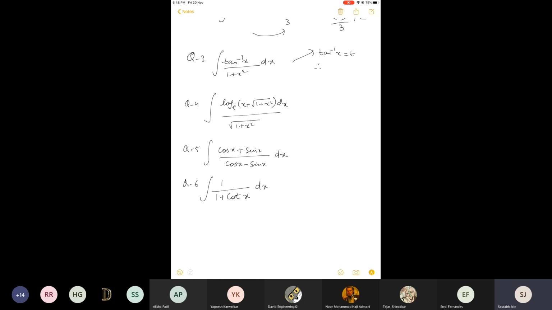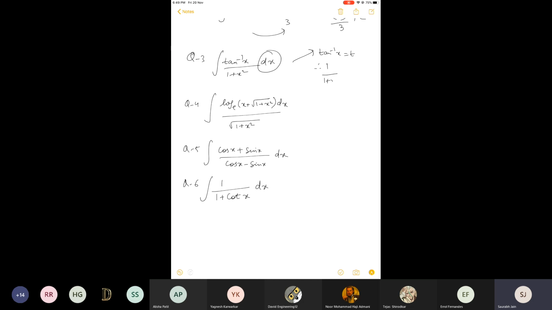Now remember this step. After we put it equal to t, you need to differentiate also, because you need this value. You cannot work with x and t in the same question. Either you will be dealing completely in terms of t or completely in terms of x. So you differentiate with respect to t. Remember this. We always differentiate with respect to the assumed variable.